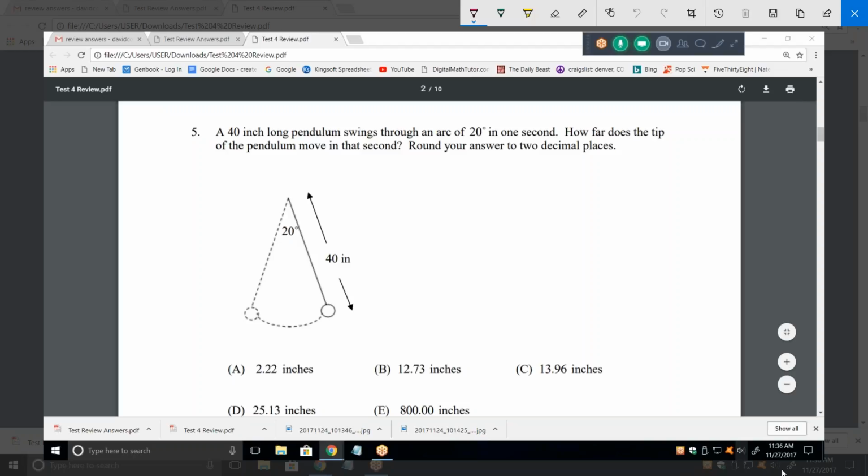This is really a more basic problem than the last one. They want to know what the measurement of that is, based on that angle measurement and that radius. So, tell me what the circumference of this circle would be if I completed it. Let me complete the circle.